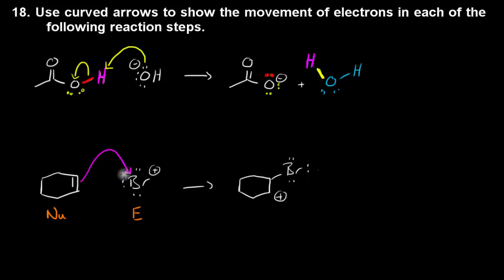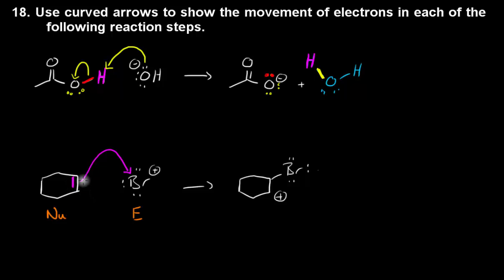So start and stop. We're stopping on the bromine because there's a lack of electron density here, and you can see that because of the positive charge. Okay, so whenever we are making a bond, we have to use two electrons to make a bond. So the electrons that we're using are actually coming from this pi bond right here.